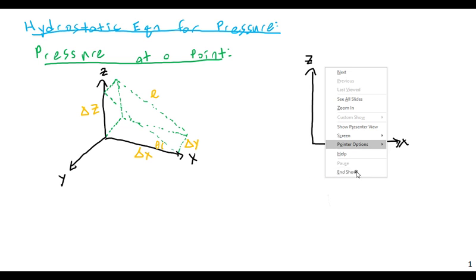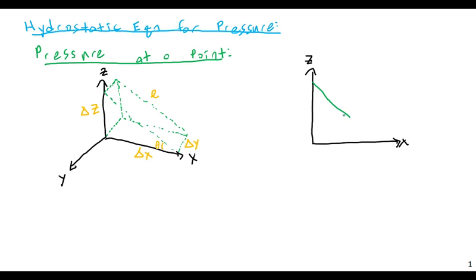Basically, the whole point of what I'm trying to do is I'm taking this element and looking at what forces are acting on that body. So again, this is going to be theta, this will be delta x, and this will be delta z.